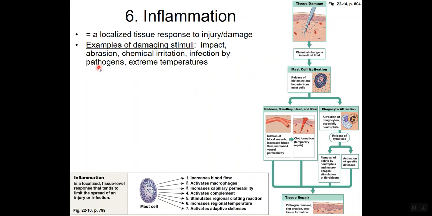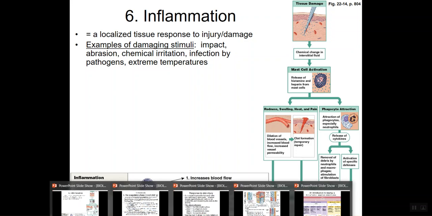It could be something that is invading your tissues and causing an infection, such as a bacterium or a virus or a parasite or a fungus. It could be a heat injury like a burn. It could be a cold injury like frostbite. Whatever is actually injuring or damaging the tissue will cause this local response of inflammation.